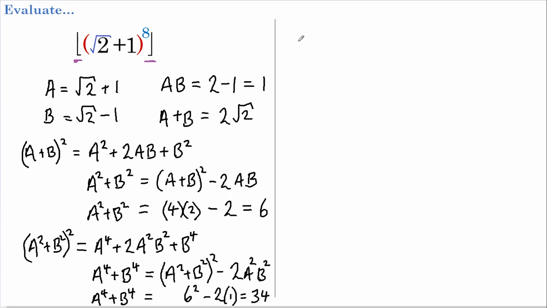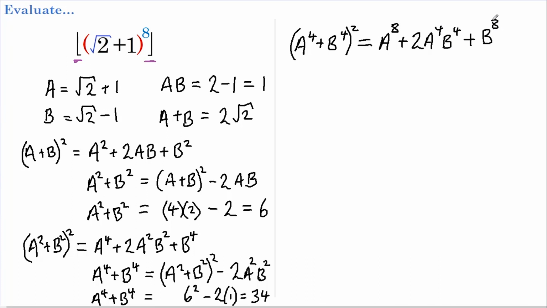And finally, we're going to have a look at A to the power of 4 plus B to the power of 4 all squared. This will finally give us our power of 8 that we're looking for. So again, expanding this out, we get A to the 4 times A to the 4, which is A to the 8th, plus 2 lots of A to the 4 B to the 4 plus B to the power of 8.